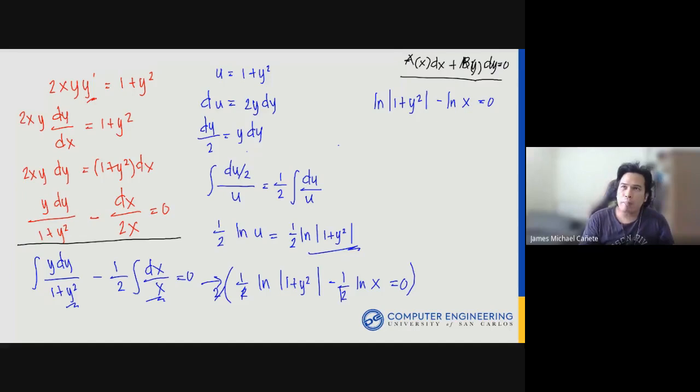So, when you apply Euler's to an equation, what happens? How do you do it? It's also linear, no? So we apply Euler's to both sides of the equation. So this becomes the Euler exponential function of ln of 1 plus y squared minus ln of x equal to e to the 0.